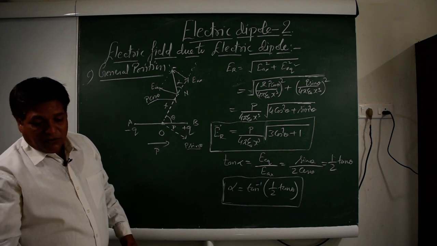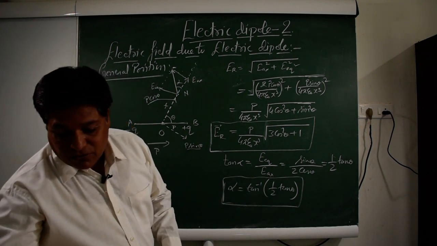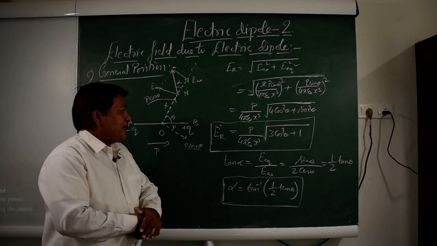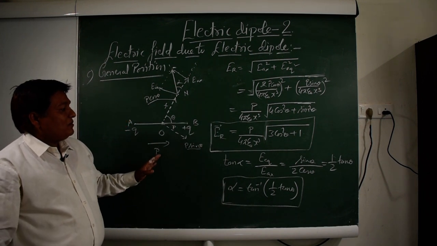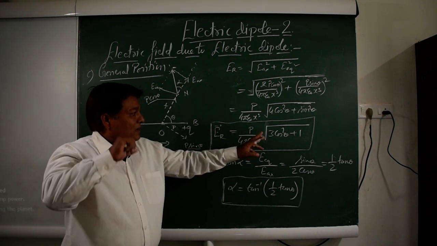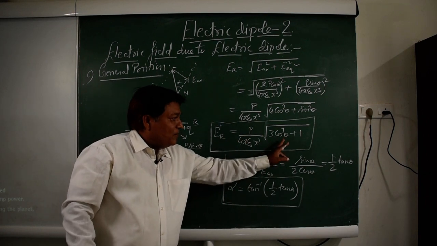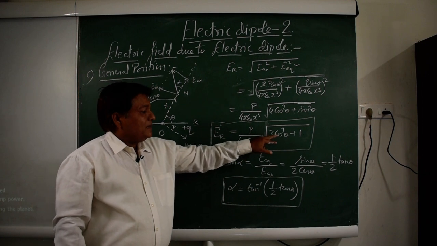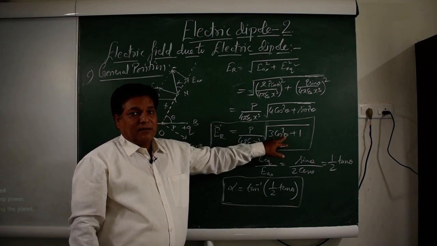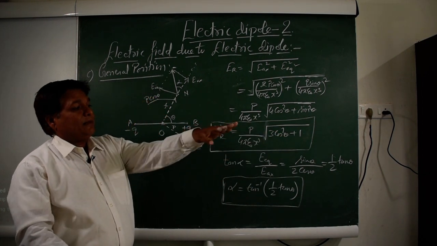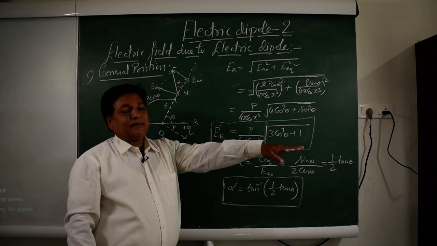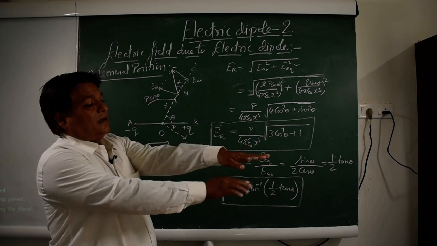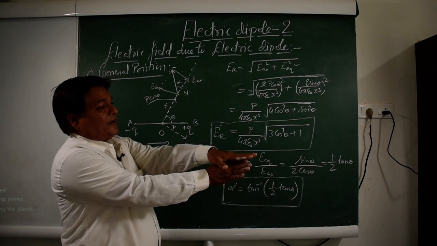So I told you that the electric field due to an electric dipole also depends on the angle. If we want to find the value by using this formula on the axial position and the equatorial position, we can place the angle theta here. What is the axial position? Axial position means the electric dipole makes 0 angle with the direction of the electric field.